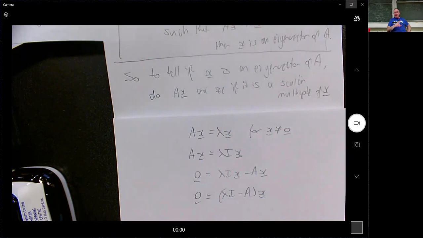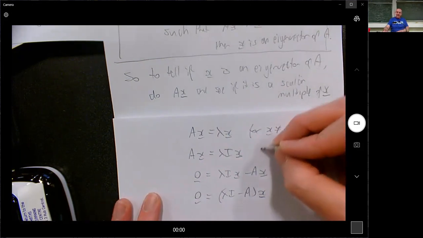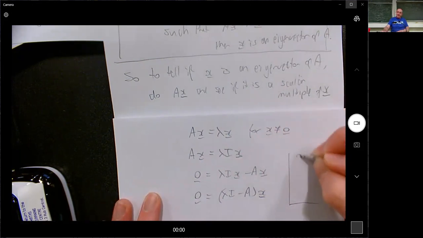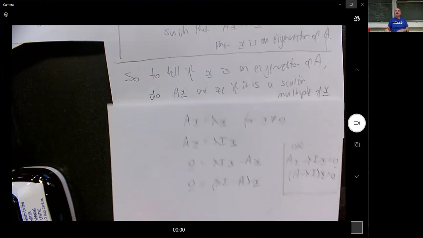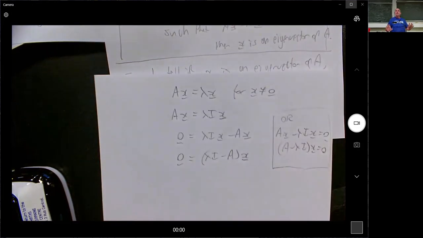It's tradition to do it this way round, to say that I'm going to subtract Ax from both parts and leave behind a 0 vector. So I'm just going to say I could have done this, like Ax minus lambda Ix equals 0. So (A minus lambda I)x equals 0. It doesn't really matter. You can do whichever one you like. So you'll get the same answer.